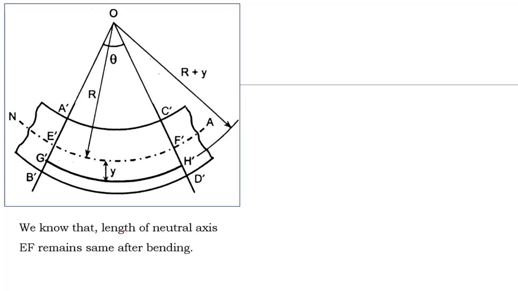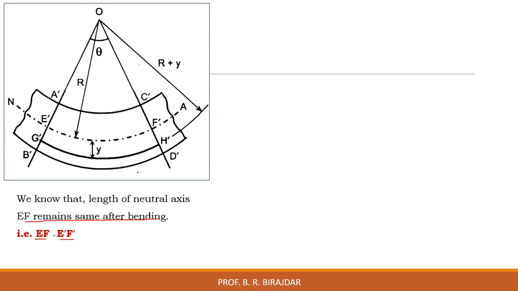Now we know that the length of the neutral axis remains constant even after bending. Already we have seen that on the neutral axis there is no stress, so its length remains the same, unchanged. EF is the initial length and E dash F dash is the final length after bending; it is the same.